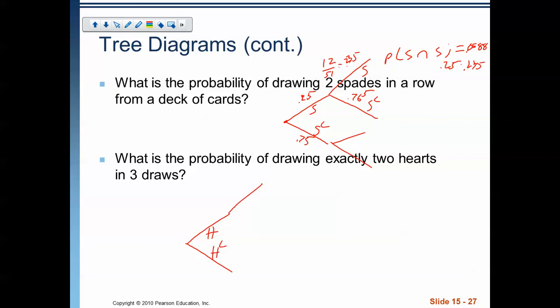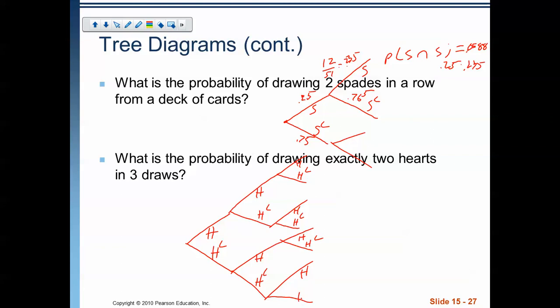Then we're going to have draw 2, heart, no heart. And then we're going to have draw 3, heart, no heart. And notice that for draw 3, there are a couple of different possibilities for all of these.